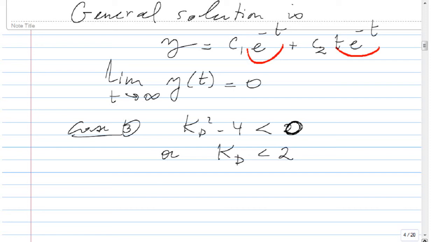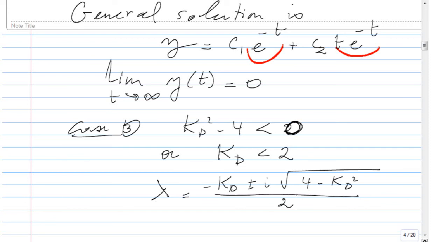So we have lambda equal minus KD plus minus i square root of the opposite of the discriminant, which is 4 minus KD squared, over 2. So remember, the discriminant inside here is positive because we took the opposite of the one we had before. The one we had before was negative, and that's why we have the i. So we need to find the real part and the imaginary part of the eigenvalues lambda.